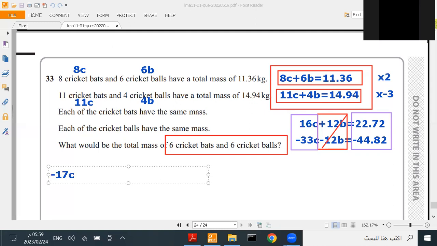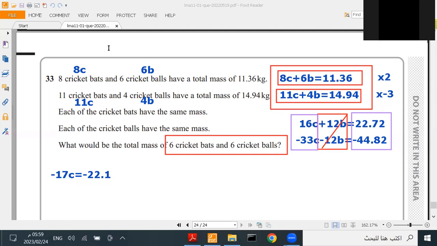Minus 17C equals 22.72 minus 44.82. I think I get negative 22.1. Now I'm going to divide.